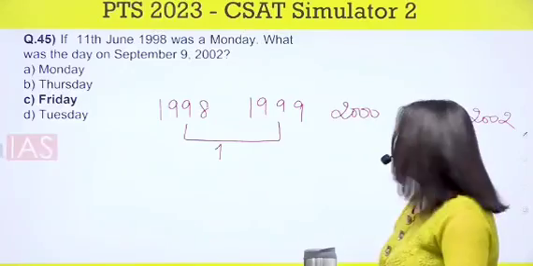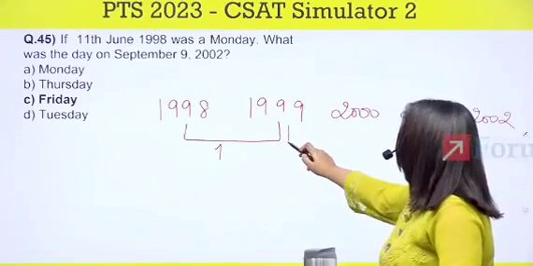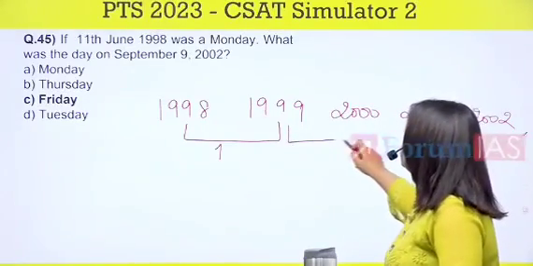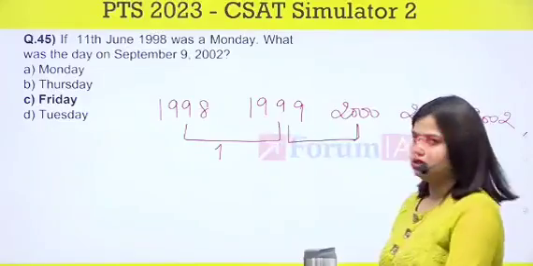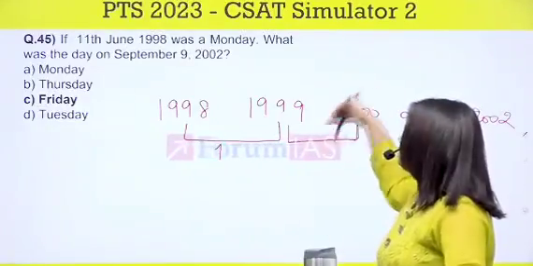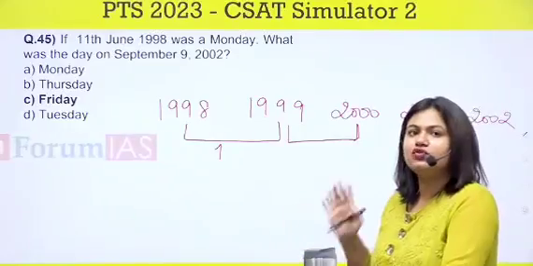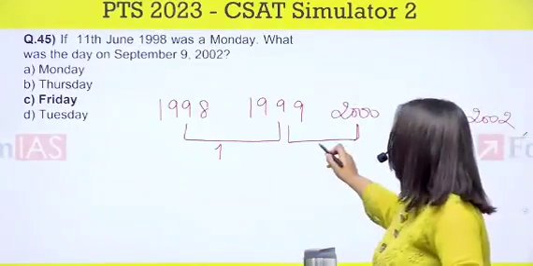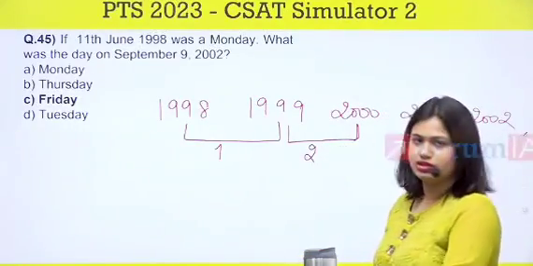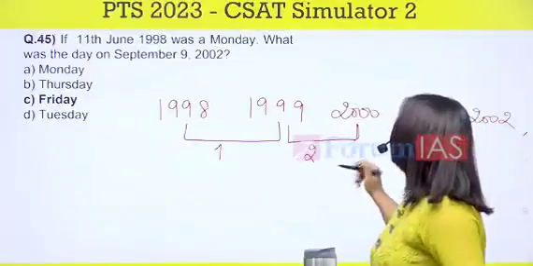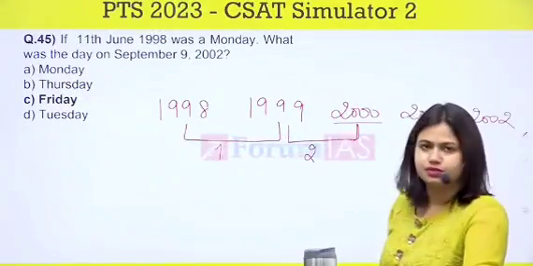Yes. Now from 12th of June 1999 till 11th of June of 2000, February 2000 will have occurred. February 2000 is that of a leap year. So that means I have 2 odd days over here. I'll repeat this point. See, 2000 is a leap year.